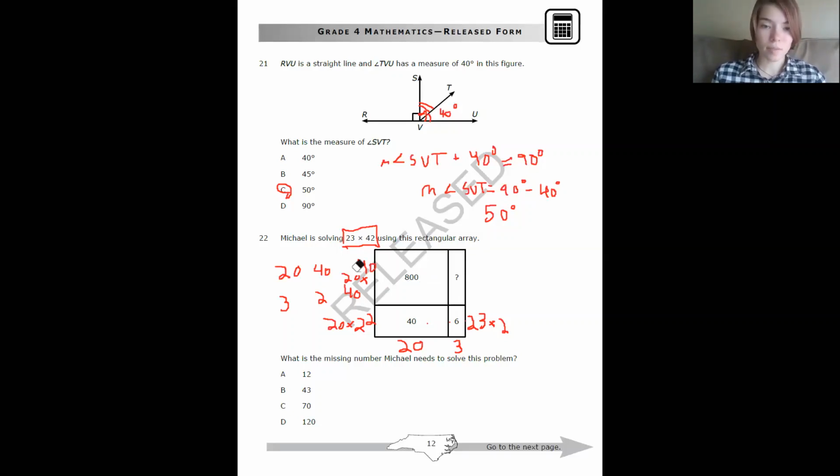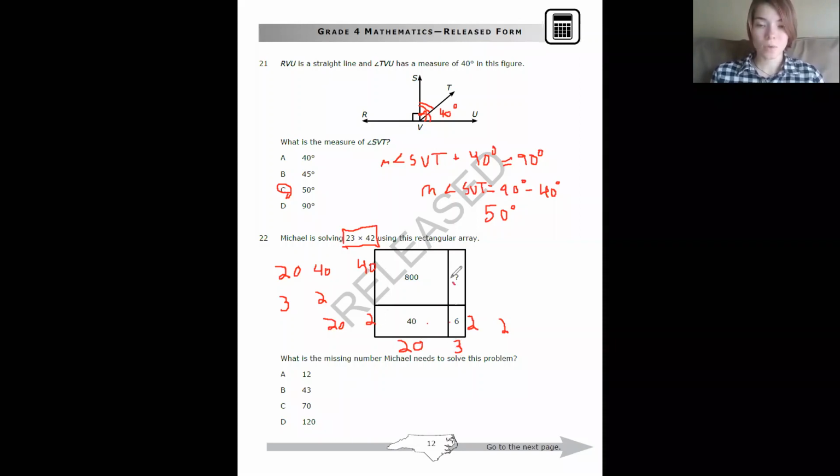Let me just erase some of this stuff to clear it up. Okay. So we know that this is 40, and this is 20, this is 2, this is 3.